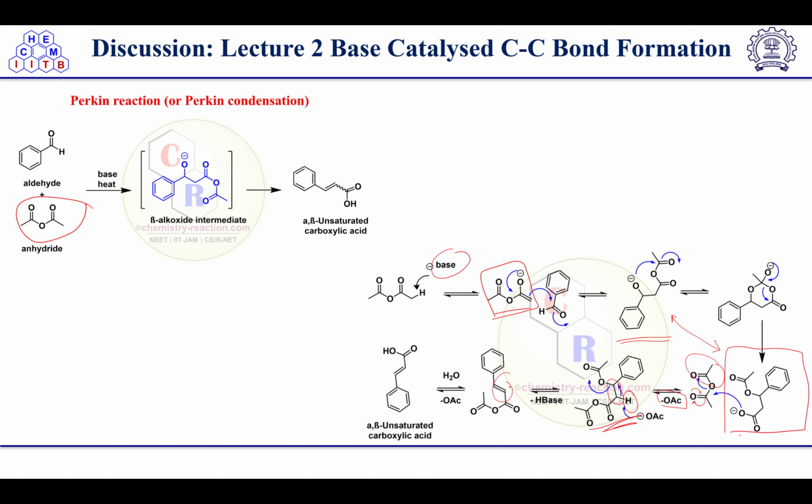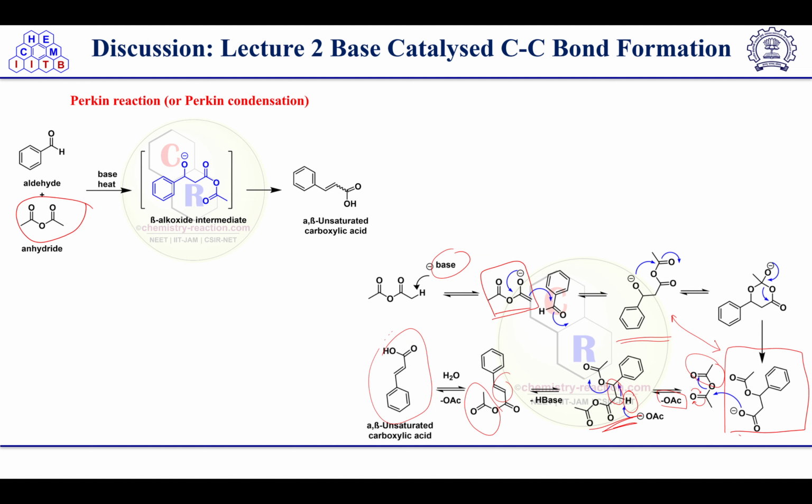And after getting this carbonate intermediate, it will further be subjected to hydrolysis, where this carbonate will get hydrolyzed to give the corresponding acid, which is an alpha beta unsaturated carboxylic acid.